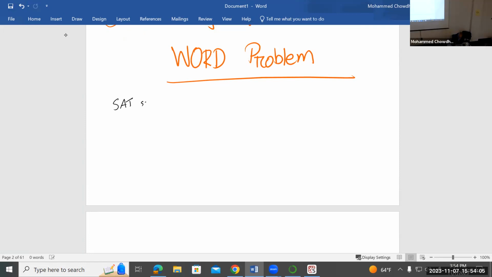SAT scores are normally distributed with mean 550 and standard deviation 20. You see, normal distribution and mean is 550, which is different than 0, right? And standard deviation is 20. Clear, right?